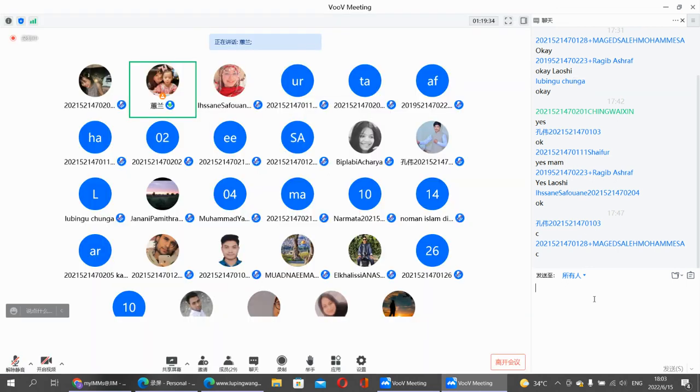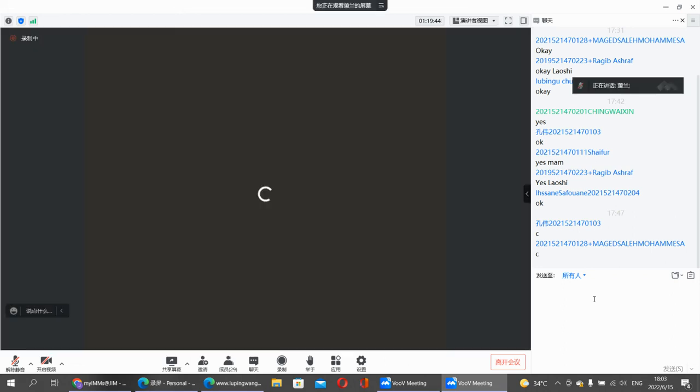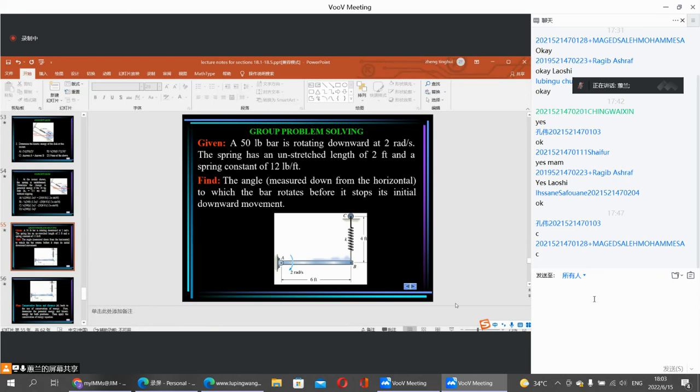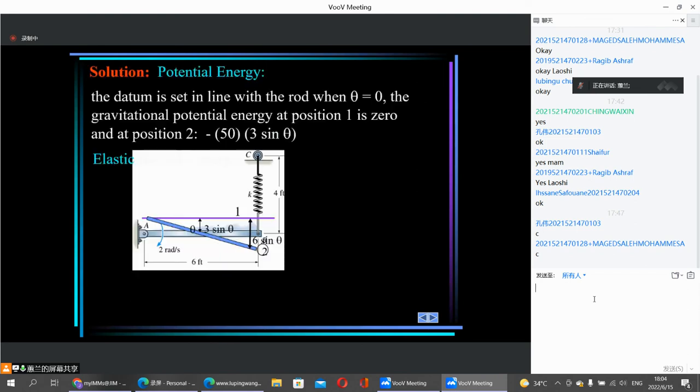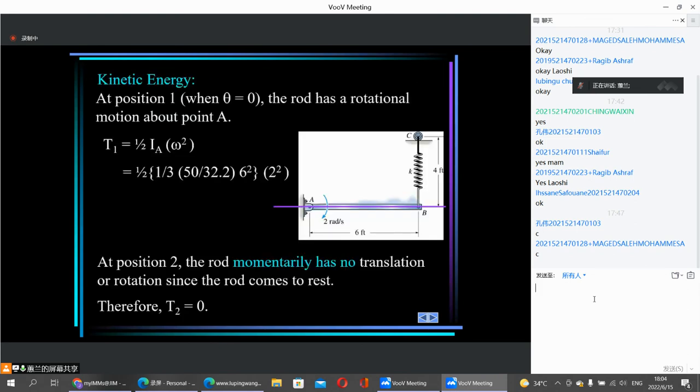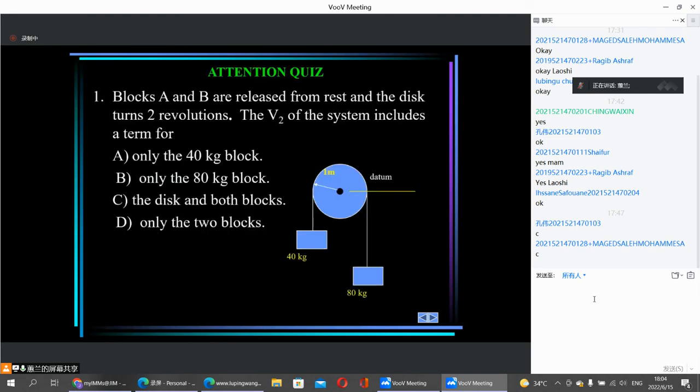Okay, so let's go back to the conservation of energy or the principle of work and energy. Let's continue with the next part. Before we finish this, we have some problems, just like here, an attention quiz.